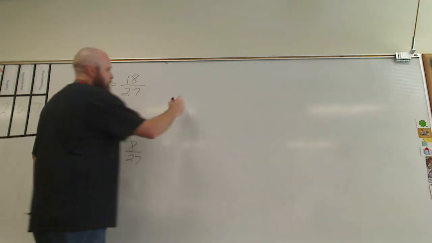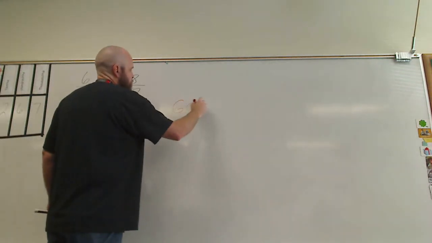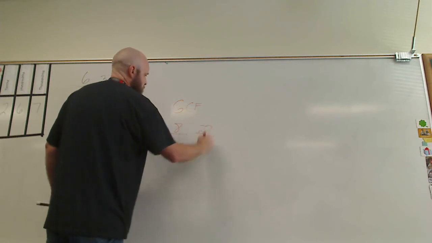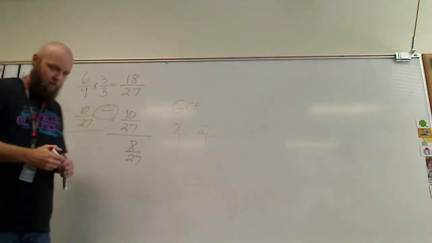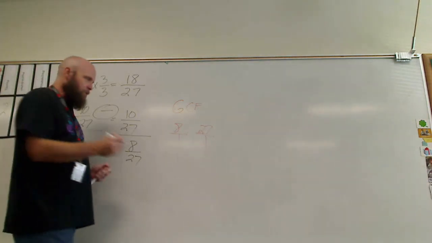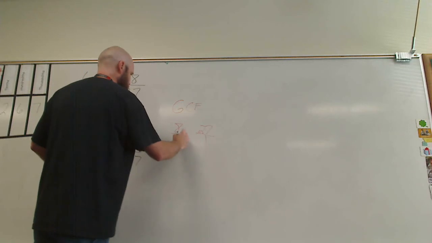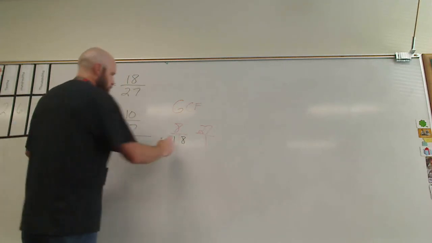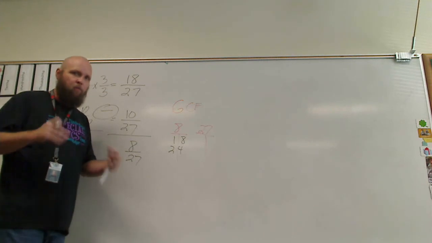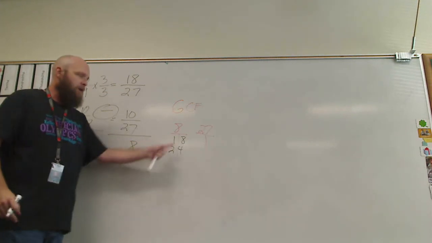So I'm going to find the greatest common factor of 8 and 27. Just like the factor arrays that we built and hung in the hallway. The only rectangles I can build for 8 are 1 and 8, 2 and 4. No other rectangles would multiply together to equal 8.